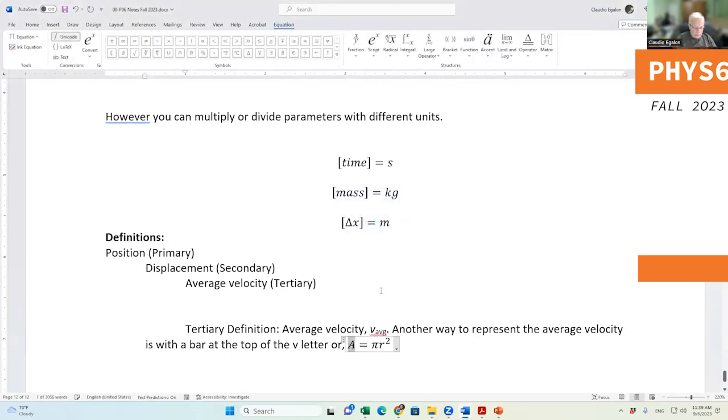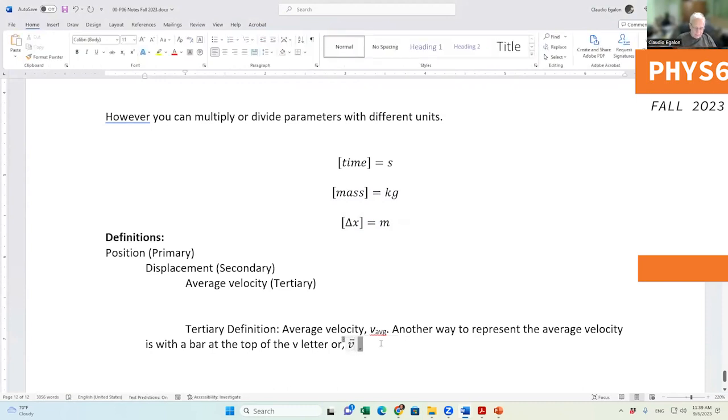V bar, like that. So either notation is acceptable.